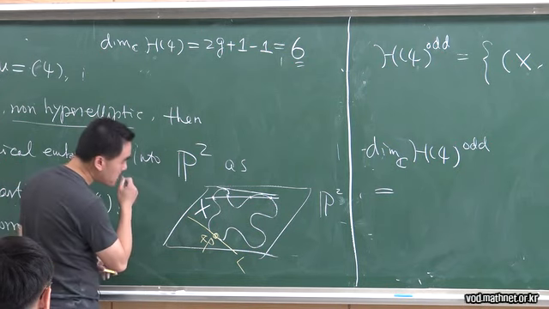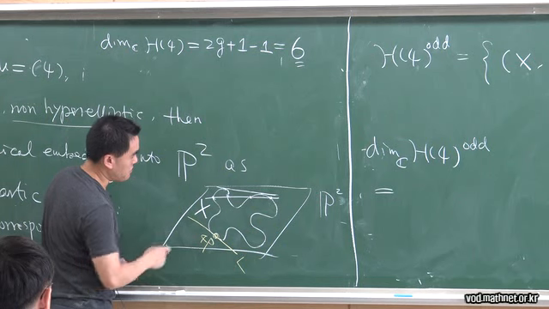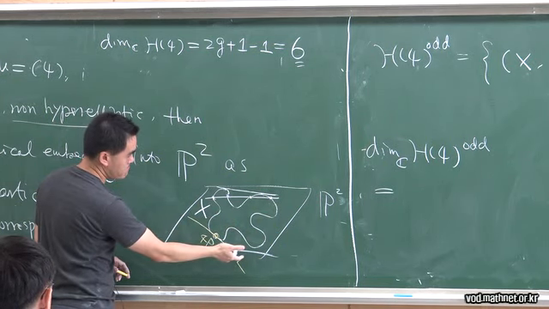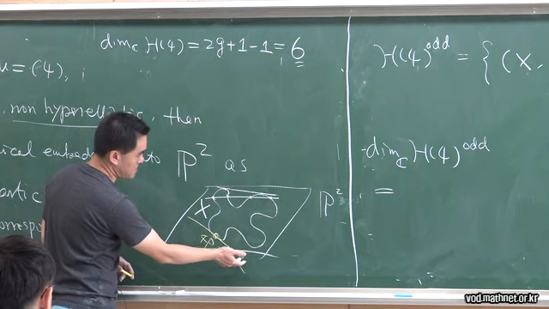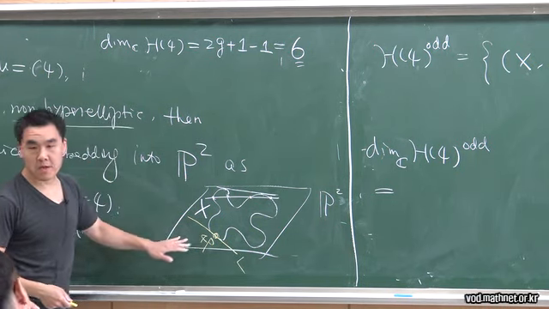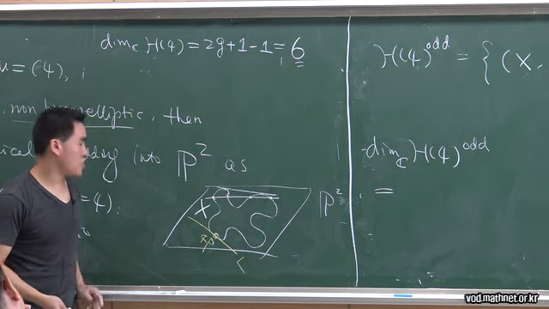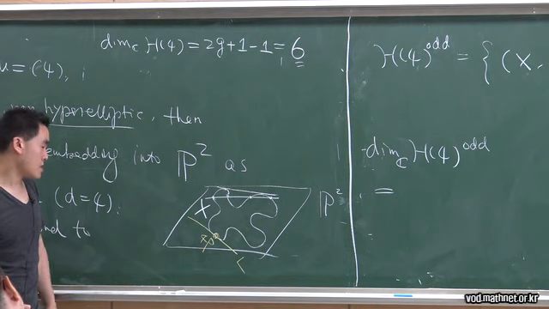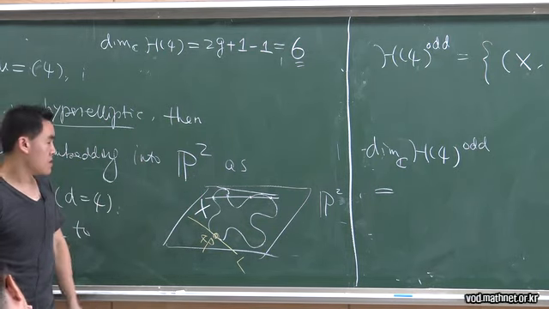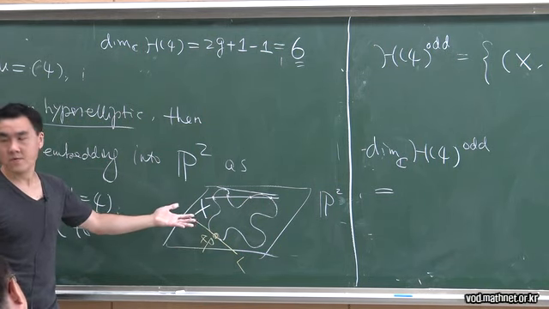If I fix a line and fix a point, I require this degree 4 curve to intersect this line exactly 4 times at P, so that I can at least compute the dimension of such plane quartics. But then I have to mod out by the extra automorphisms of P2 that fix the point on the line. Okay, right? Something like this.